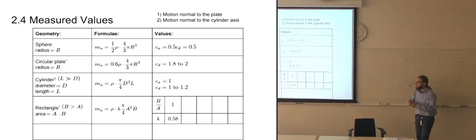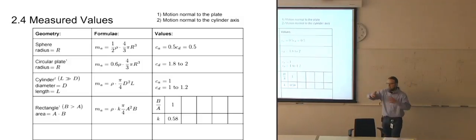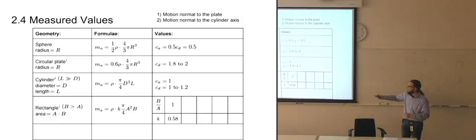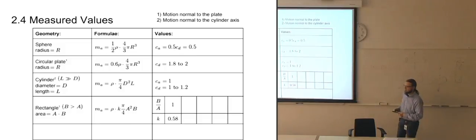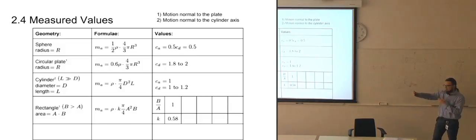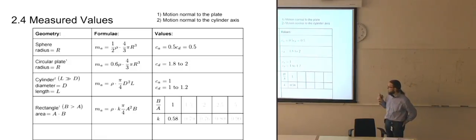So the basic, not the exact size of the plate. It doesn't really matter if B is 20 meters and A is 20 meters. It's still going to give you 0.58, just as B equals 1 meter and A equals 1 meter is going to give you 0.58, but it's the ratio between them, the size difference between them that counts here.